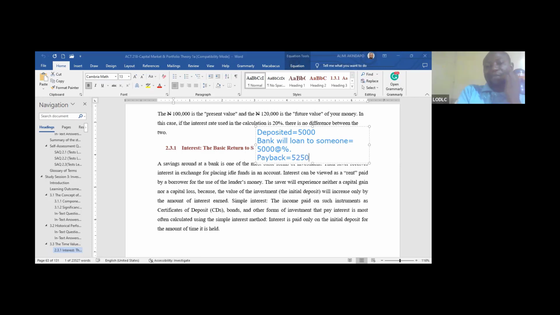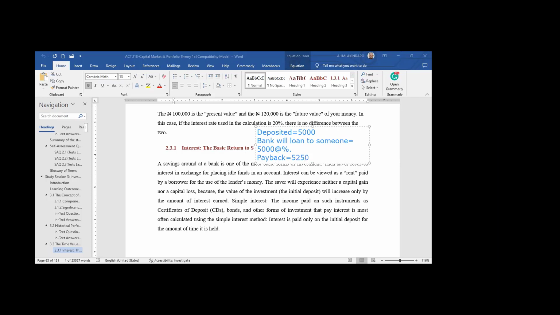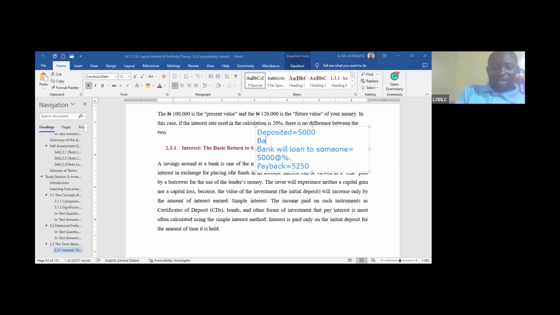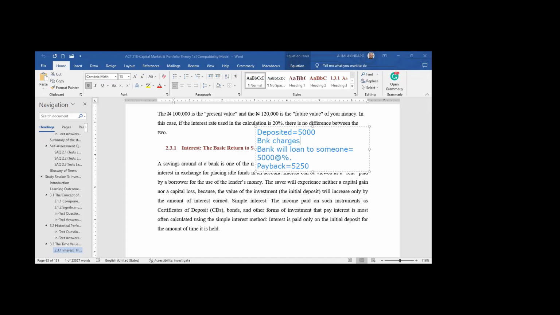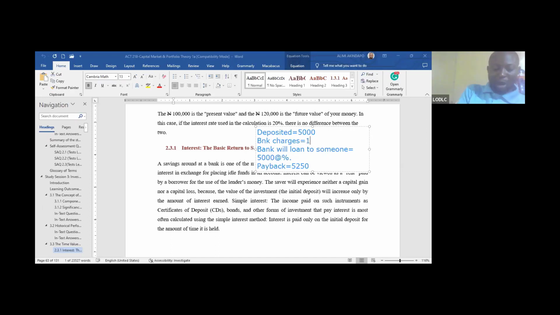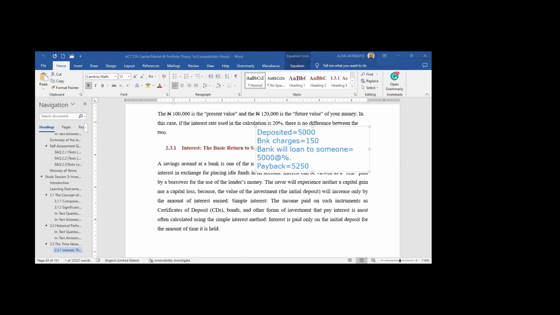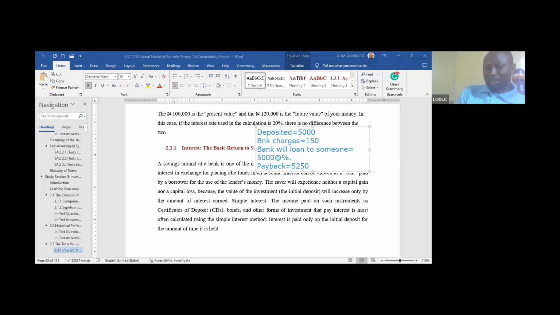So if the person pays back 5,250, the bank charges on your money, they usually take all these SMS charges and some other things. Assume the bank charges are 150 at the end of the month. Bank charges vary among banks. Some will charge 100, some will charge 150.